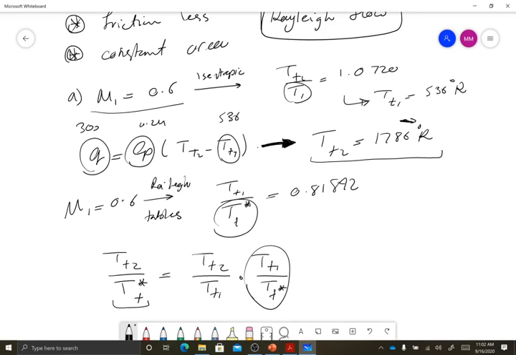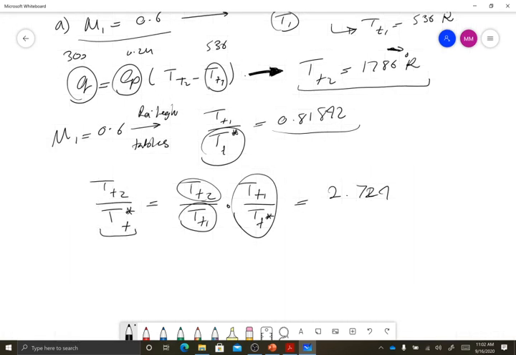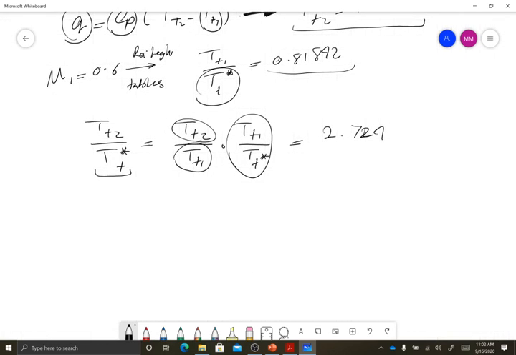We have this ratio, and you have these two values, so you can calculate the ratio. The ratio of TT2 over TT star is going to be 2.729, right? So what does this tell you?